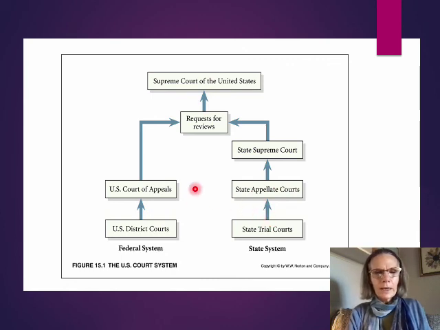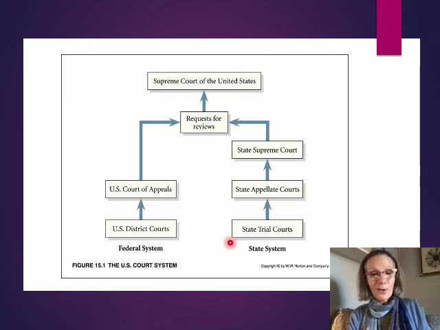But that's ultimately going to make its way over to the federal court system because it deals with some aspect of federal law, in this case, the Constitution of the United States. And since federal law is the supreme law of the land, the decisions that the Supreme Court makes, particularly about the constitutionality of state, federal, and local laws, they have the last say. It's the court of last resort because federal law is supreme.